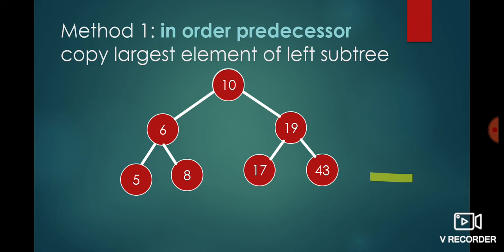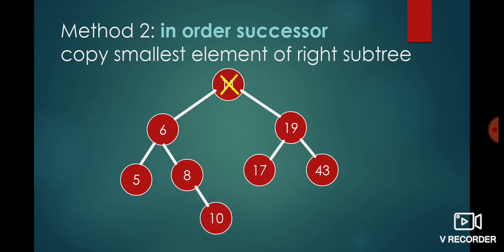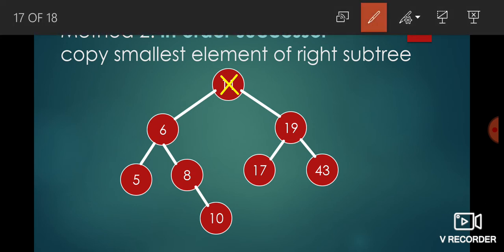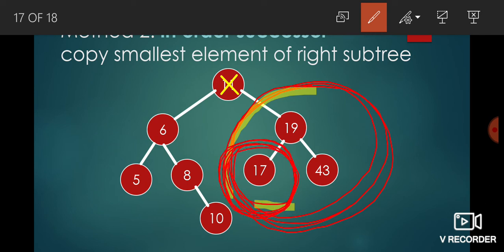Now we see the second method to delete a node which has two children. This is inorder successor. In this, we see the right subtree and find the smallest element of the right subtree. The smallest element of the right subtree is 17. Okay.